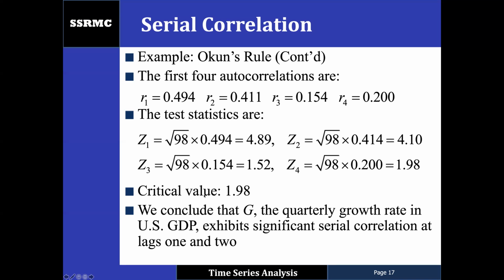We know the critical value of our test at the 5% level is 1.98. Our conclusion is that G, the variable of interest, the quarterly growth rate in US GDP, exhibits significant serial correlation at lags 1 and 2. For lags 1 and 2, the test statistics are significantly above the critical value, so we reject the hypothesis and conclude that the correlation coefficients are not 0.